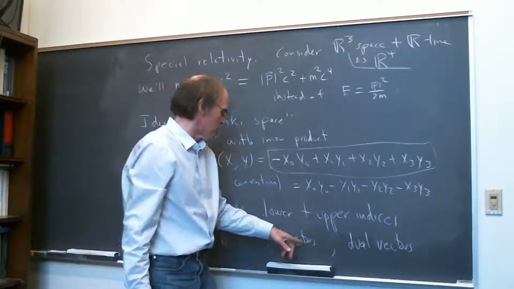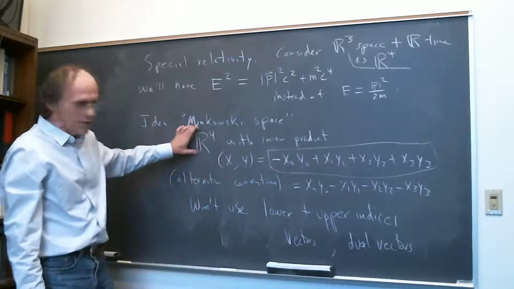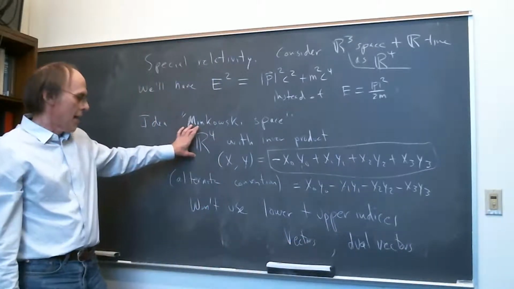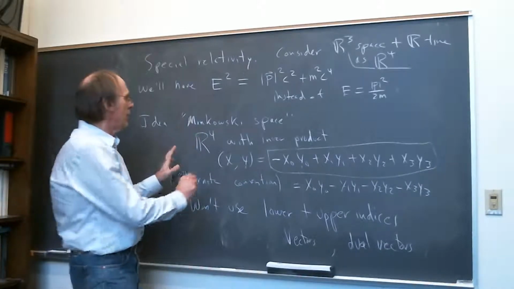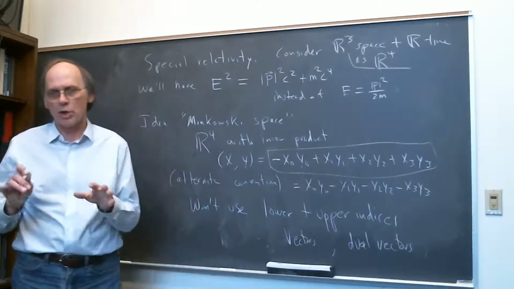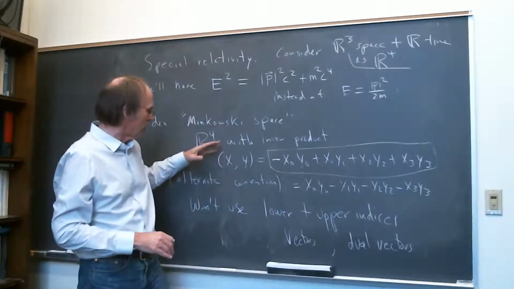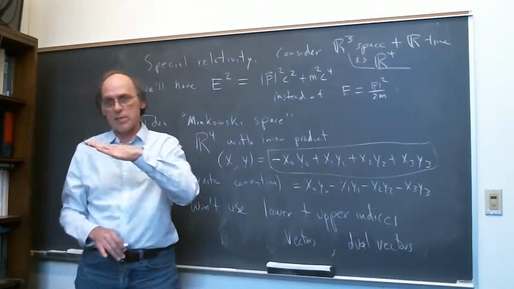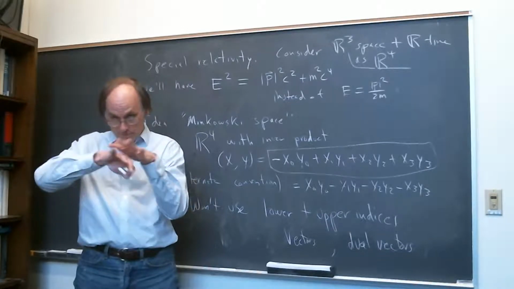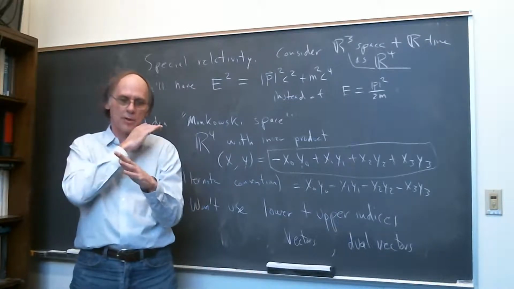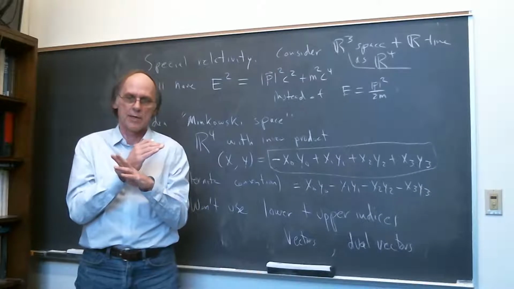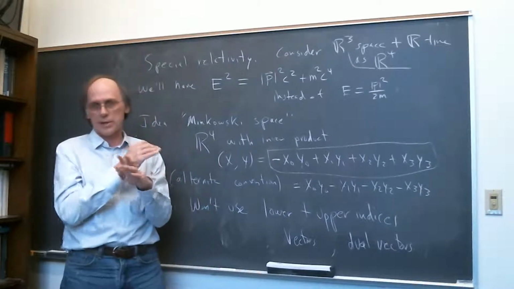So there's this R4, and if you're going to do general relativity, if you're going to talk about curved space-time, you have to be very careful about whether you're talking about the tangent space to your manifold, to your space-time, or the dual to the tangent space, the cotangent space.